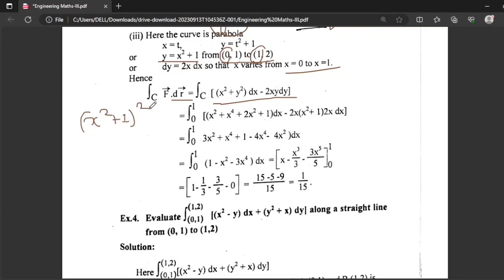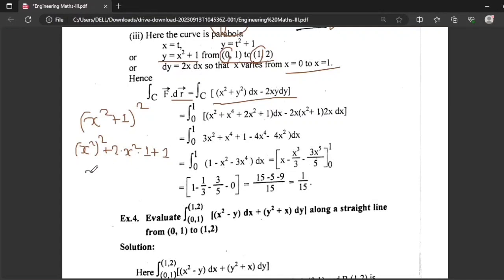Let this be a and this be b, so a plus b whole square is a square plus 2ab plus b square. A is x square, so the square is x power 4, plus 2 multiplied by x square multiplied by 1, plus 1 square, that is 1.